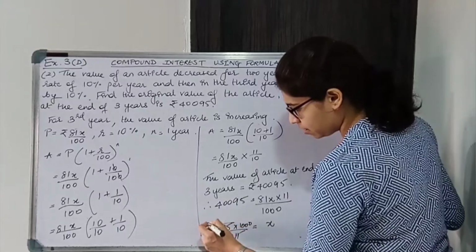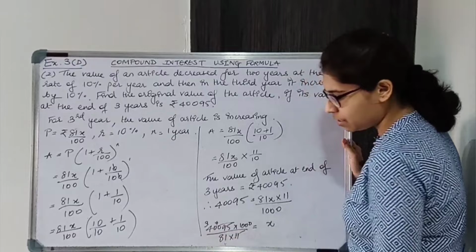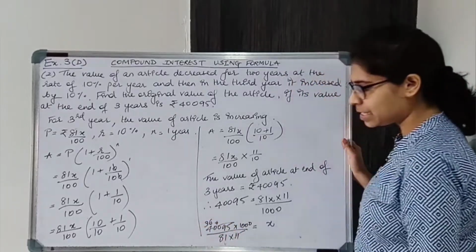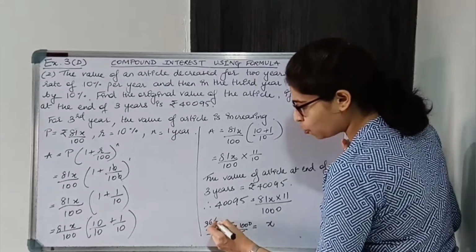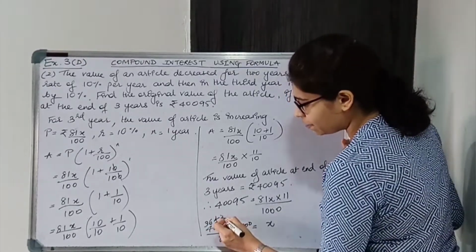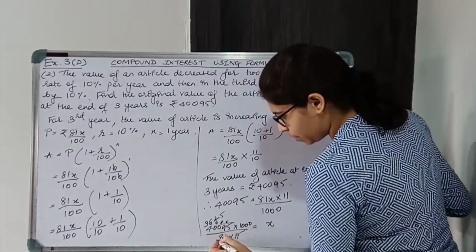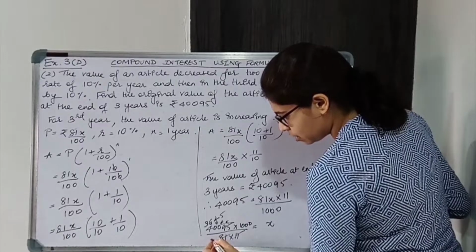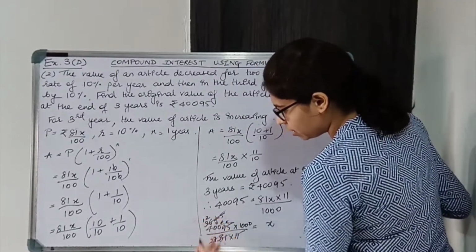11 3s are 33. So 7 remains 70. 11 6s are 66. So 4 remains 49. 11 4s are 44. And 5 remains. So 11 5s are 55. Alright. Now let's try by 3. So 3 27s are 81. 3 12s are 36.